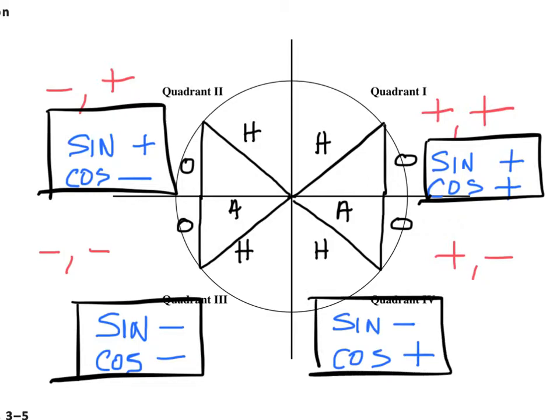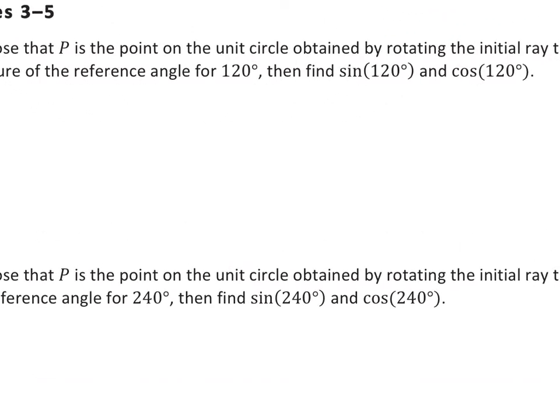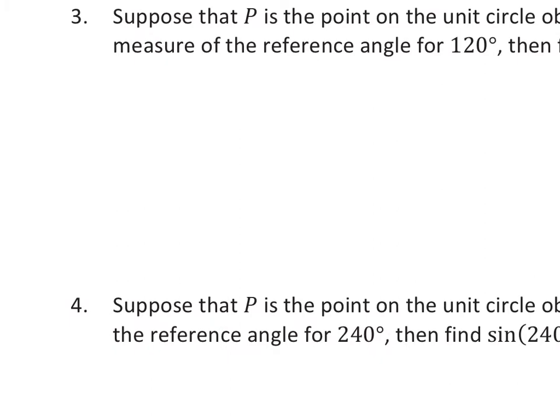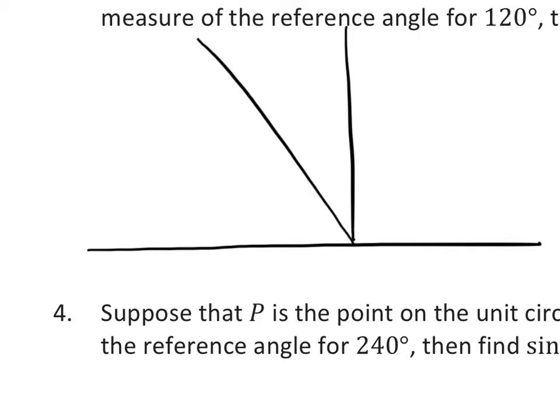cosine positive. Suppose that P is the point on the unit circle obtained by rotating the initial ray through 120 degrees. Alright, so we will go 120 degrees. Here is 180, here is 90, here is 120, and we'll make the triangle there. And this is point P there.